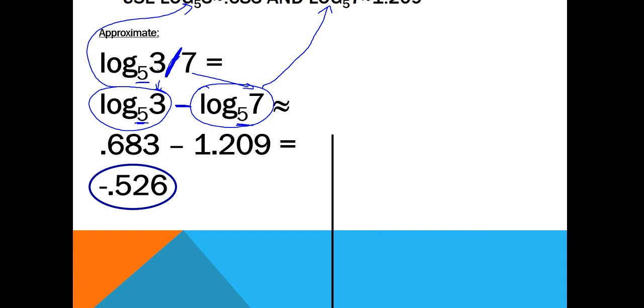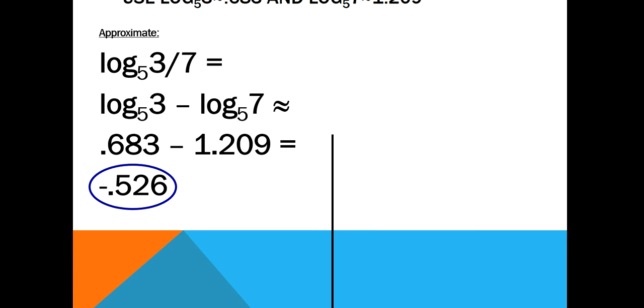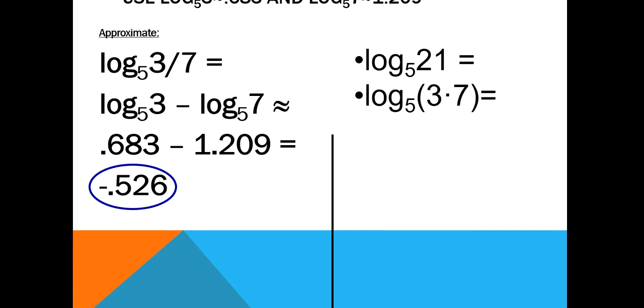Okay? Now, the same thing here. Log base 5 of 21. Okay? I don't know what that is. Okay, I'd have to plug into the calculator. But I do know that 21 is 3 times 7. Which means inside that log I have 3 times 7 now, which means I can use my product property to split it into 2 separate logs, into log base 5 of 3 and log base 5 of 7.